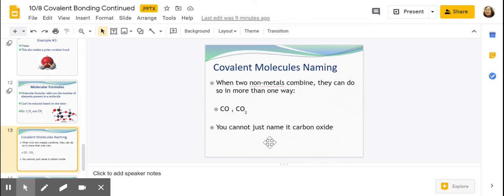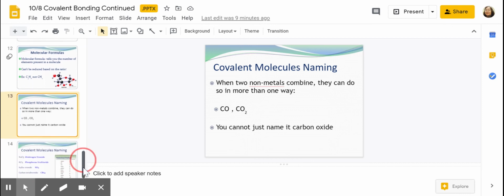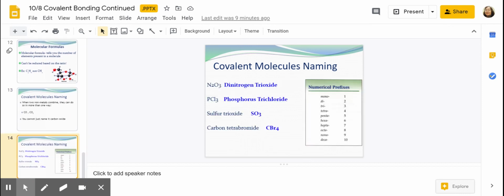We have to see how many oxygen are in there. This is a very typical chemical called carbon monoxide. Mono means 1. This one is carbon dioxide. Di means 2. So for a covalent molecule, we have to use what we call the prefix, to tell people how many of that atom are in there.